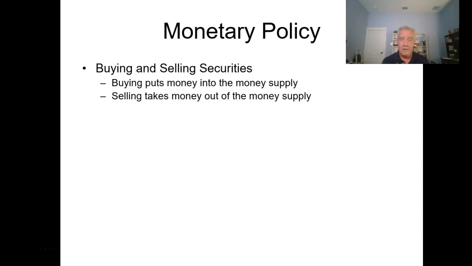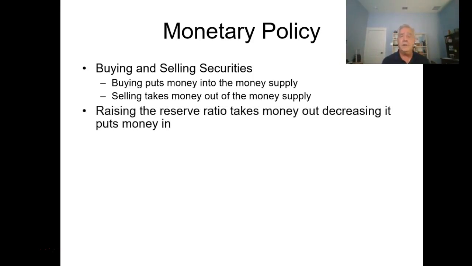Again, buy the bond, cash goes out into the economy. If they sell the bond, they're making somebody pay them the money, and they're taking money out of the economy. So buying and selling securities is a tool that they use of monetary policy to control inflation and unemployment.